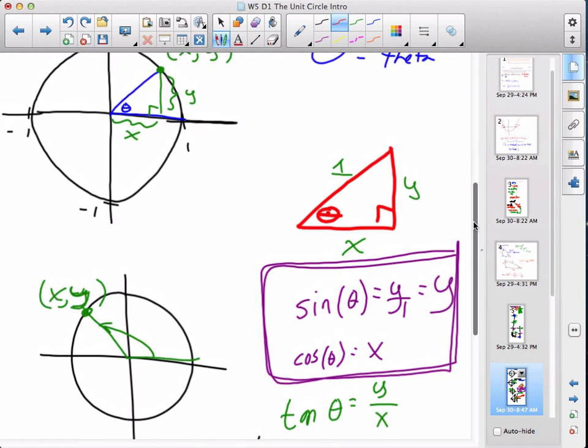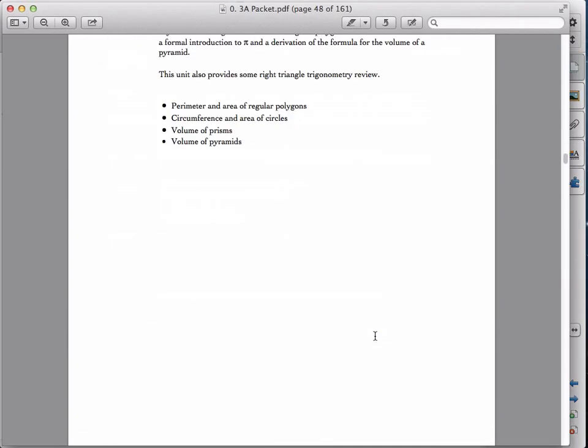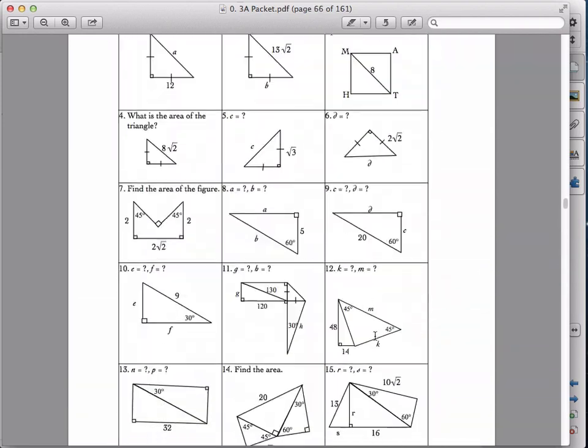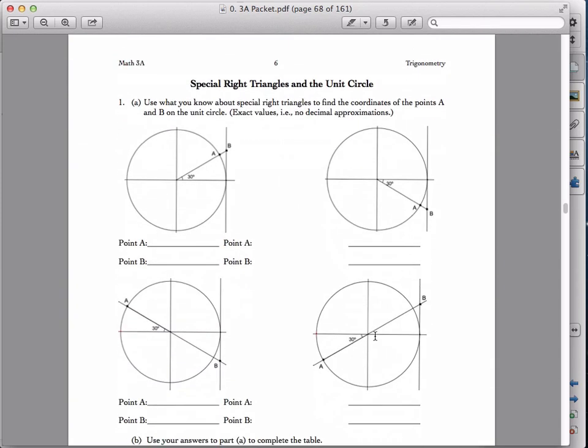So let's turn to page, I believe it is 6 in our packet. And see if you and your groups can get to work on finding the coordinates for point A, and then the coordinates for point B, on each of these.